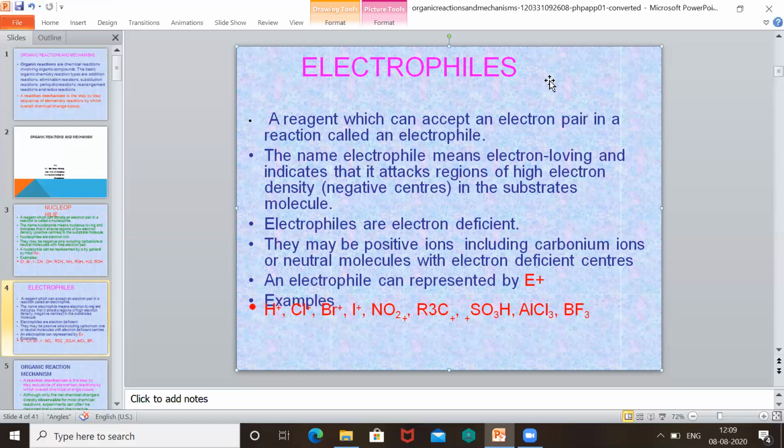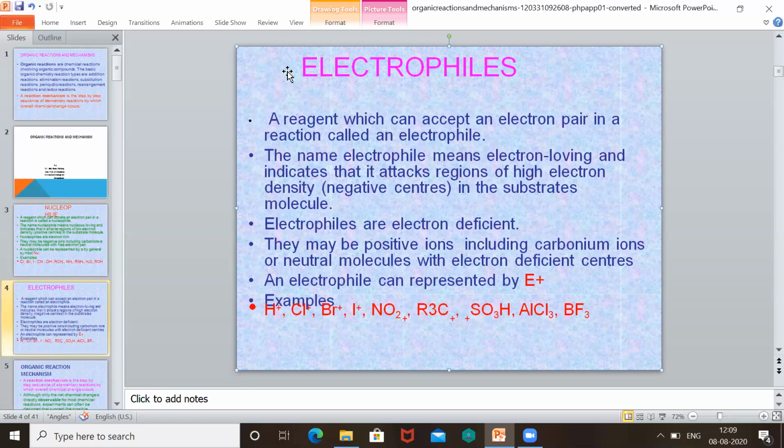An electrophile can be represented by E plus, H plus, NO2 plus. Also AlCl3, BF3, they are Lewis acids. So nucleophiles are Lewis bases, electrophiles are Lewis acids. Then, what is a free radical? Radicals are generated by homolytic fission of a bond.